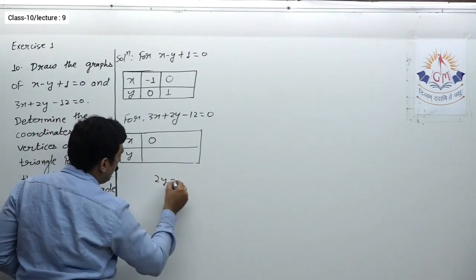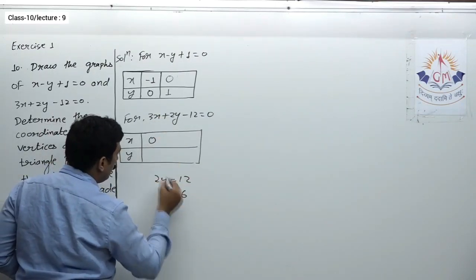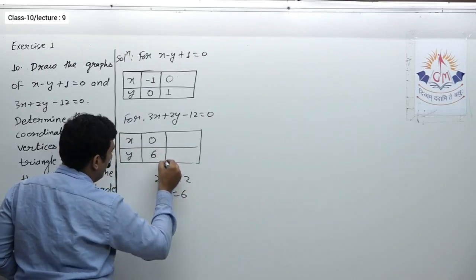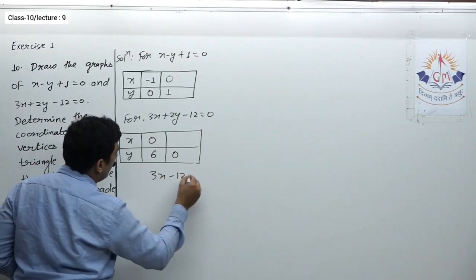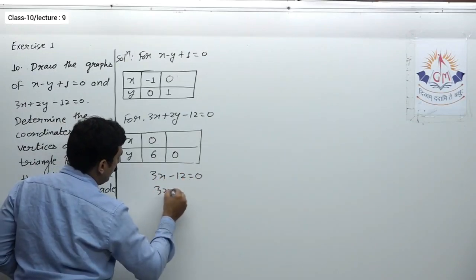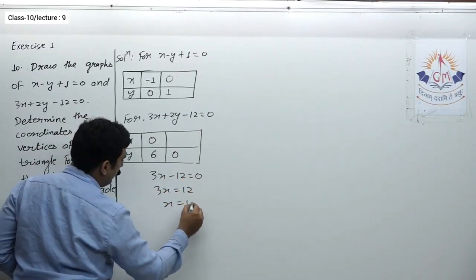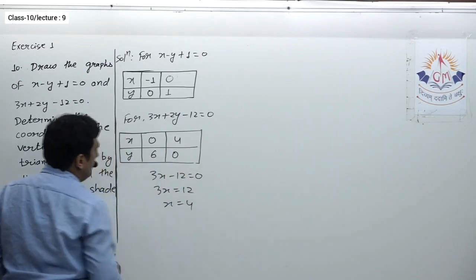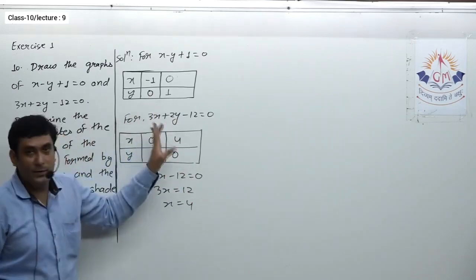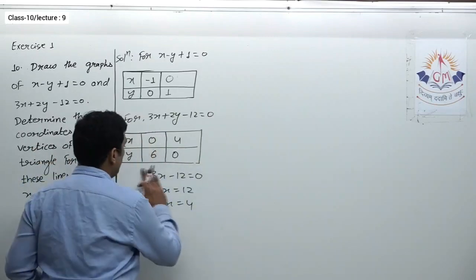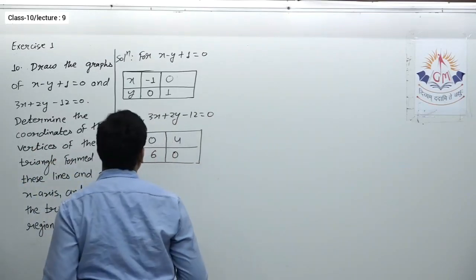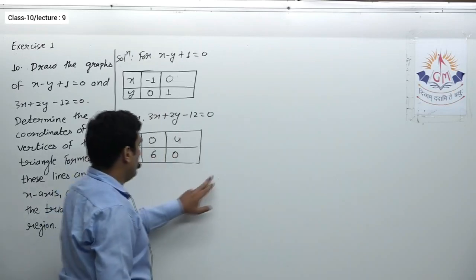I will get 2y equal to 12 and y will be equal to 6. Now if I put y equal to 0, then 3x minus 12 is equal to 0, so 3x equal to 12 and x gives me 4. This is the easiest way to get the two values, by putting first x equal to 0, then y equal to 0. So these are the two equations.